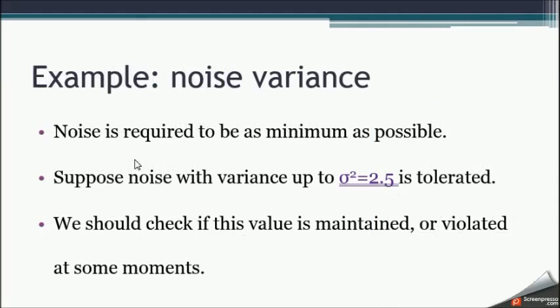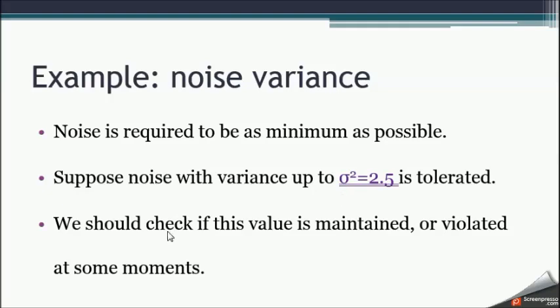Now the noise is always required to be as minimum as possible. Suppose in our communication channel the noise is tolerated up to a variance, or sigma square, of 2.5 volt. So if the variance of the noise is 2.5, this is the upper limit to be accepted.